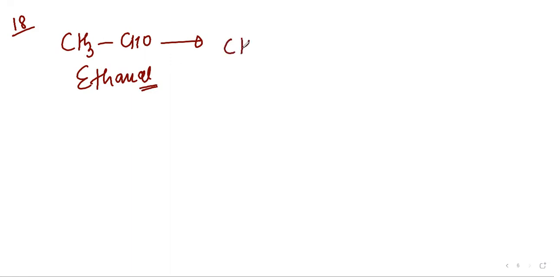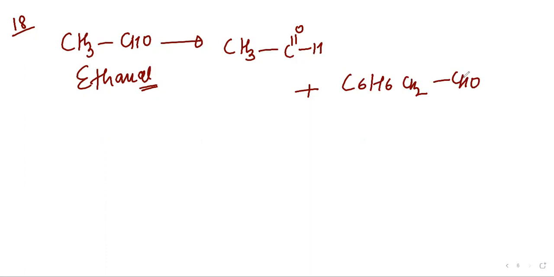So you can draw the structure also like CH3, C double bond O, H. And the next compound is C6H5CH2CHO. Right. So I will draw the structure for this also. This is the benzene ring with CH2, C double bond O, H.